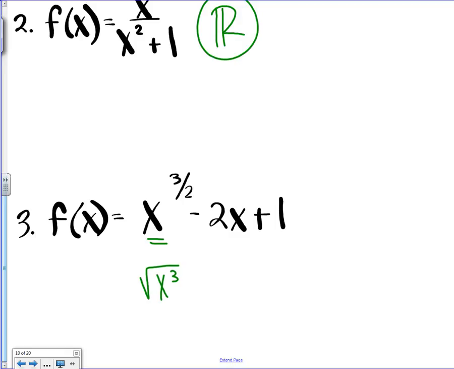And the answer is no. So there will be no portion of the graph there. But once the graph begins, everything else is continuous. There just will not be any part of the curve where the x's would be negative in this case. But once the curve starts, there are no breaks or holes or asymptotes. There's no other issues. So this thing is also continuous everywhere.